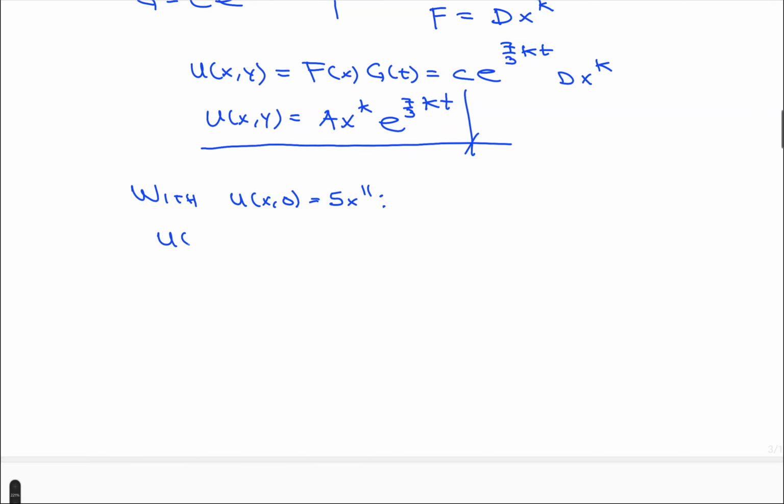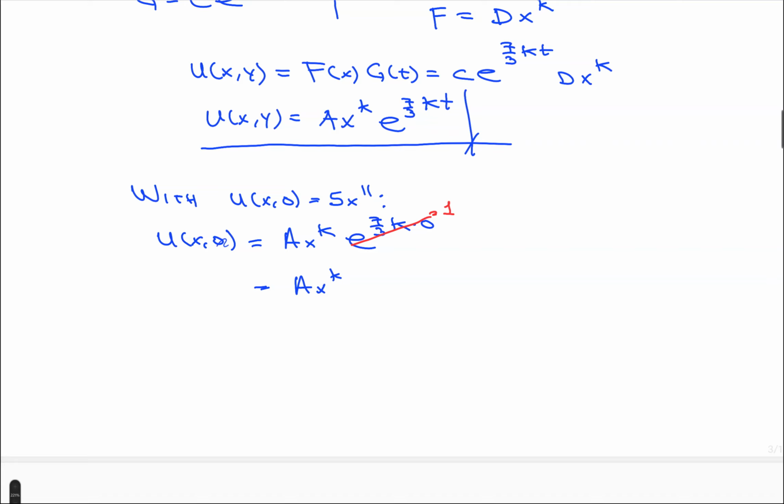This means we're going to go to the general solution, and for every instance of t, we're going to replace it with a 0, that is a x to the k e to the 7/3 k times 0, which is equal to a x to the k, because k times 0 equals 0, times 7/3 is also 0, so all of this goes to 1, all right? So all of this goes to 1, and 1 times a x to the k is simply a x to the k.